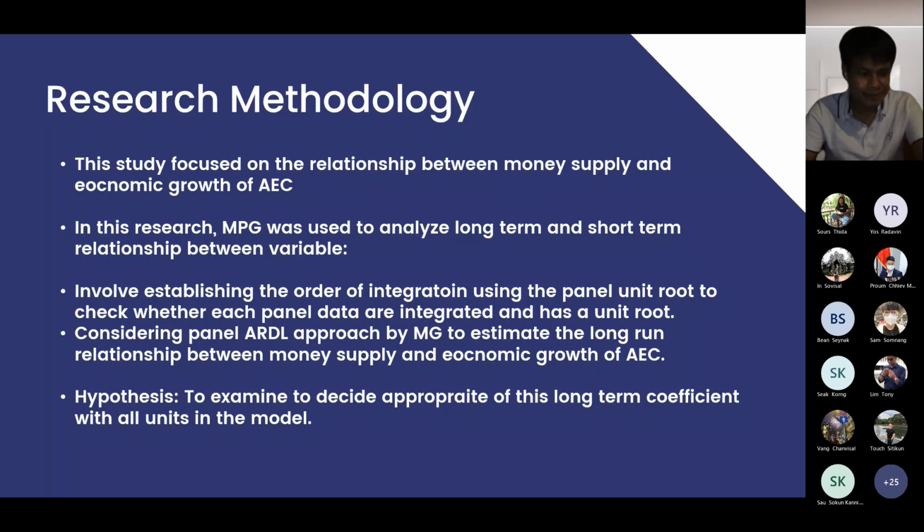They use the Pooled Mean Group estimator, combining both pooling and averaging, and this estimator allows the intercept, slope coefficient and the error variance to differ across the groups.